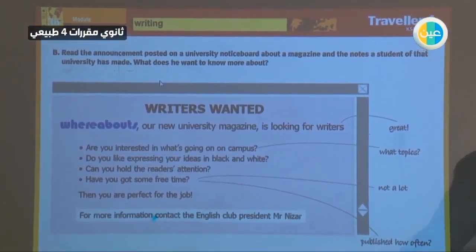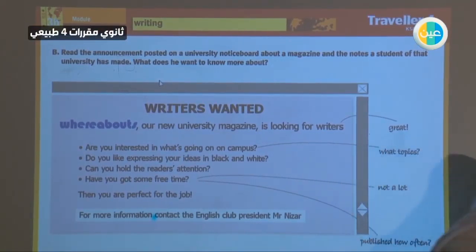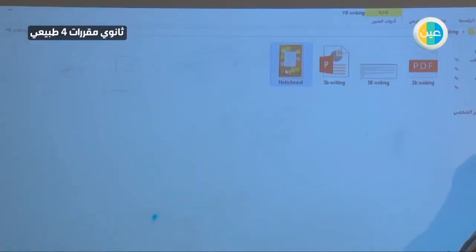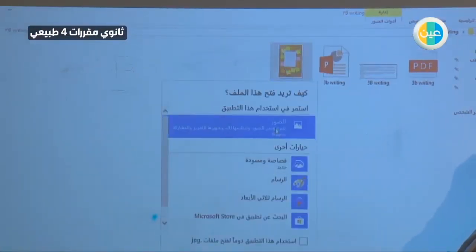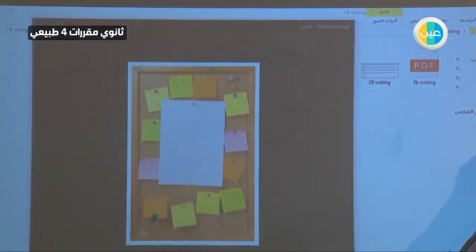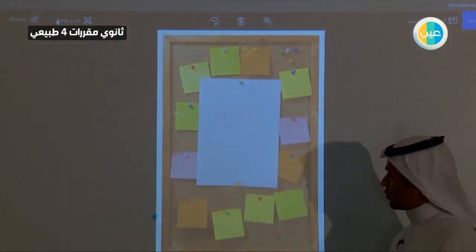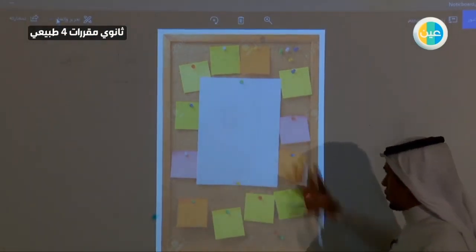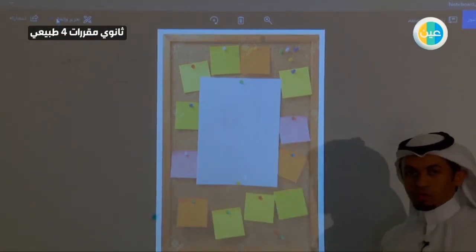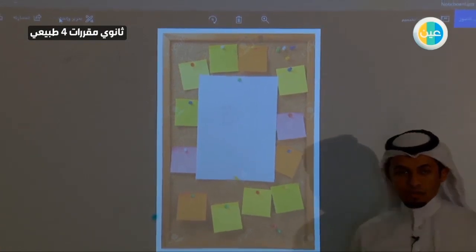The notice board is something like the one you see in your school or university, where they post some notes and ask a few things.